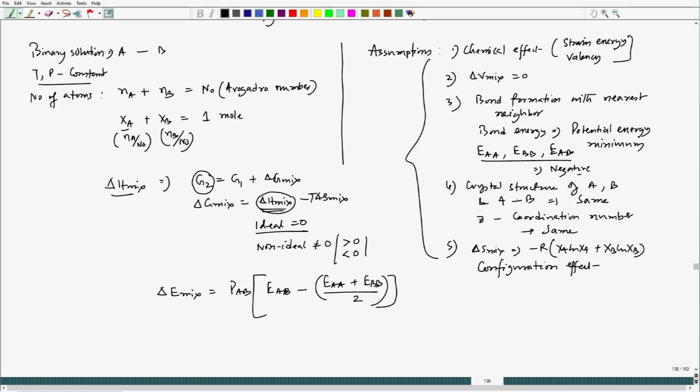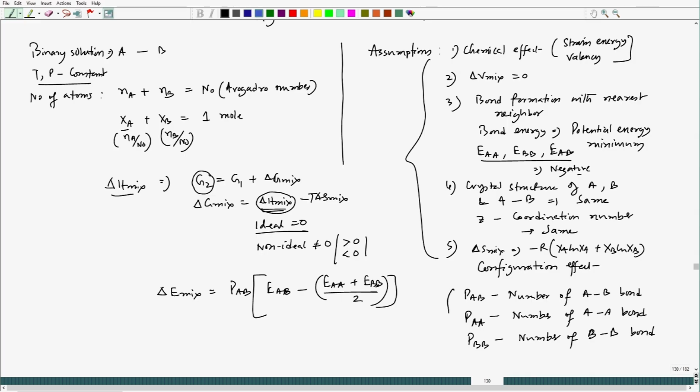We have seen already these 3 bond energies, but PAB is the number of AB bonds, PAA is the number of AA bonds, and PBB is the number of BB bonds.